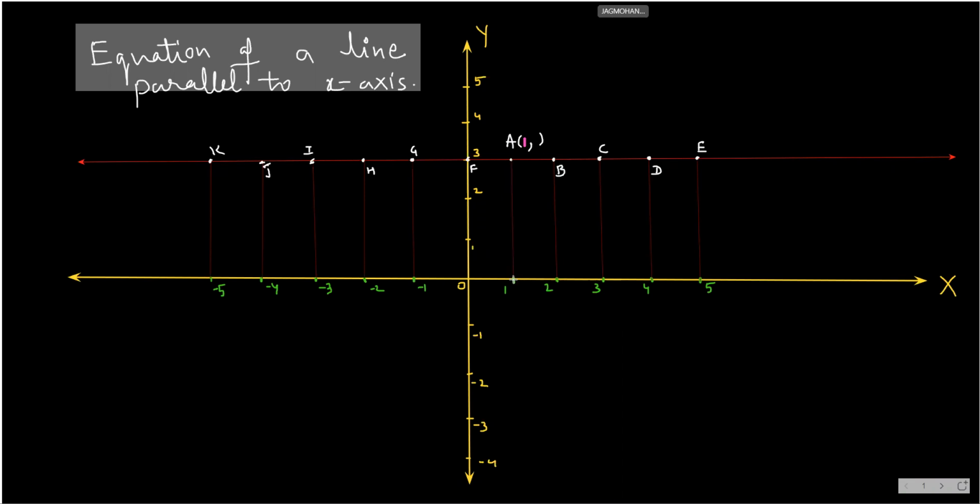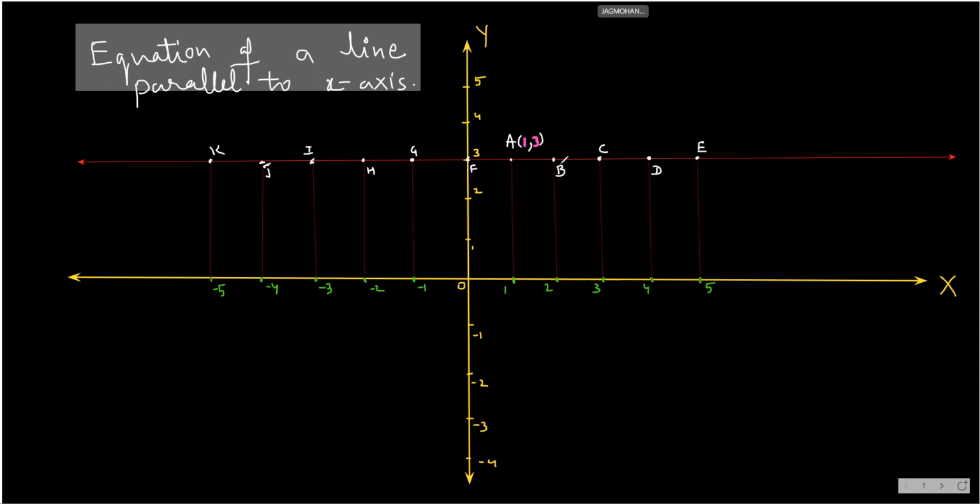So I go along y-axis, and when I go along y-axis, I meet point A here. This is the displacement along y-axis, and how much is this? It is 3. So here the y coordinate is 3.